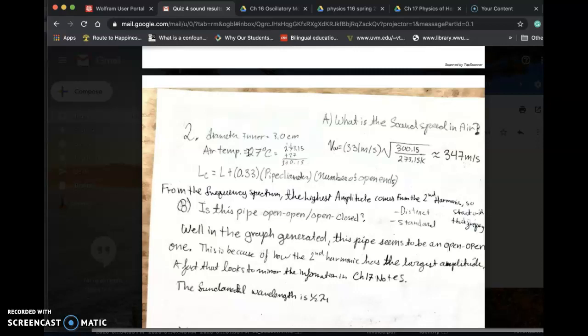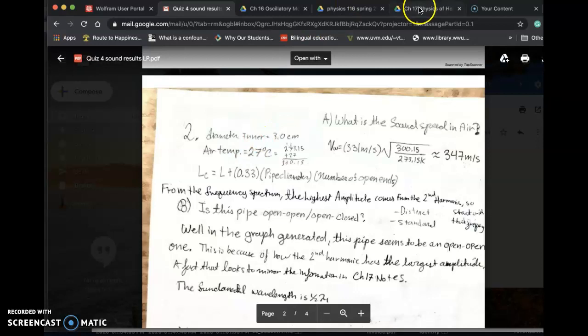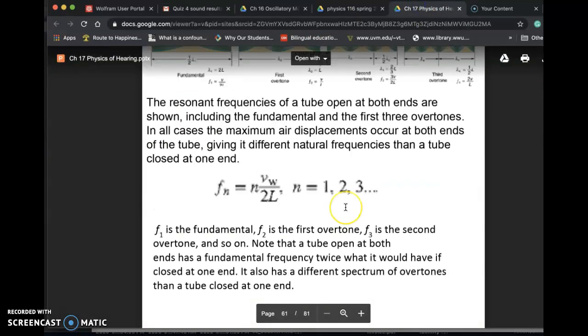For part B, we can see from the graph generated that this pipe seems to be an open one. For that, the second harmonic has the largest amplitude, and we can see that mirrored in the information from our chapter 17 notes.